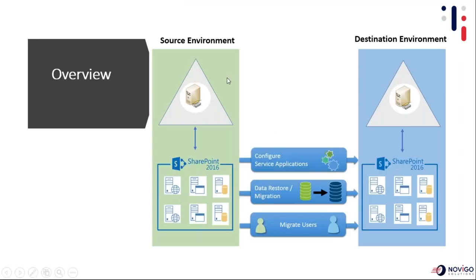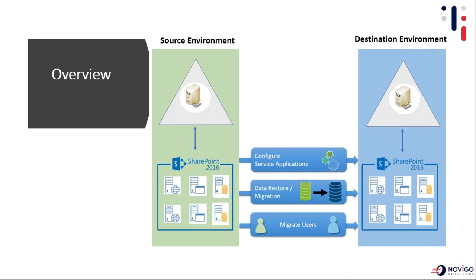So this is a quick overview of the presentation today. On the left side, you can see we have the source environment. That's with SharePoint 2016 on premises, and it's connected to your Active Directory. And on the right side, we have our destination environment, and it's connected to a different domain.